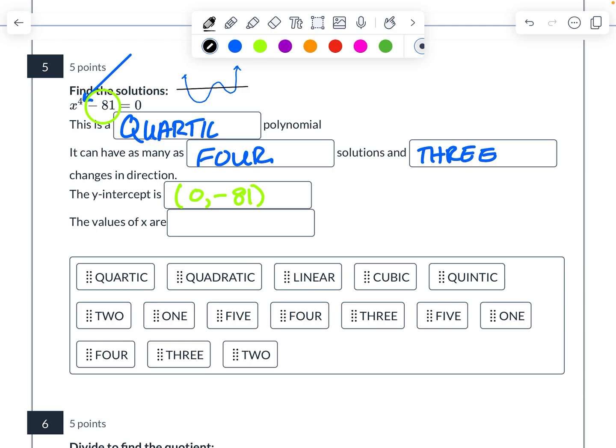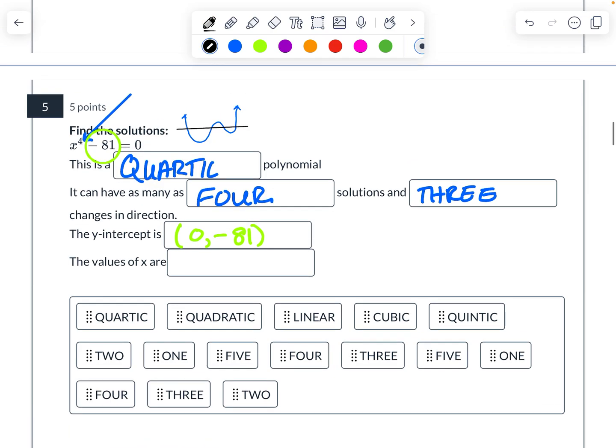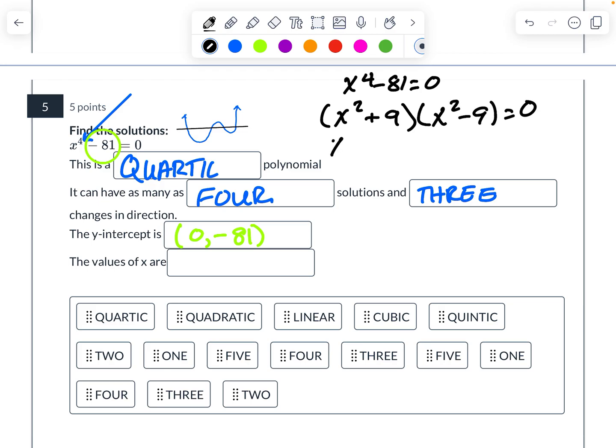Okay, again, if it was me, I would factor this. I would say x to the 4th minus 81 equals 0 is the difference of 2 perfect squares. X squared plus 9 and x squared minus 9. If x squared plus 9 equals 0, then x squared equals negative 9. If x squared minus 9 equals 0, x squared would equal 9.